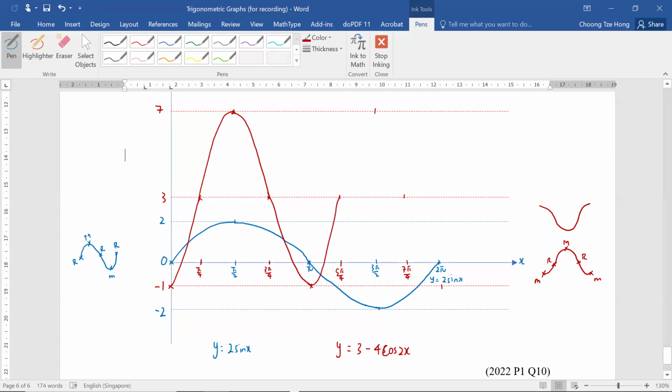Okay, good. Then come down, and then after that go. Right, so this is the second graph, y equals 3 minus 4 cosine 2x.